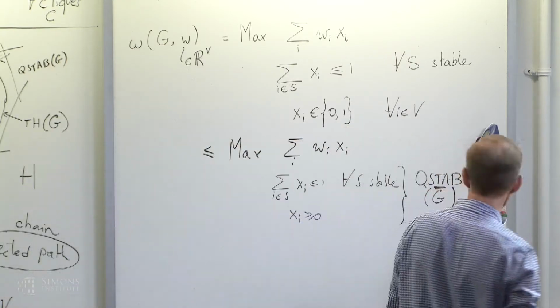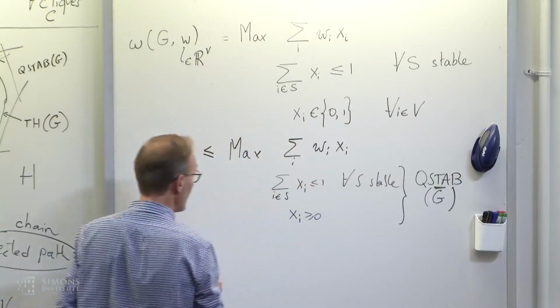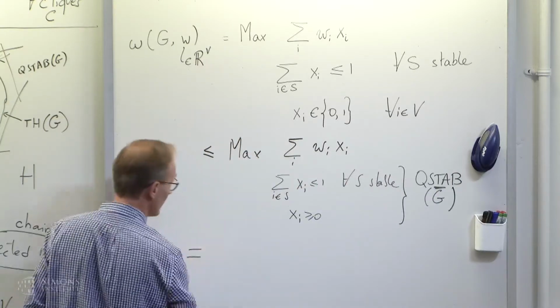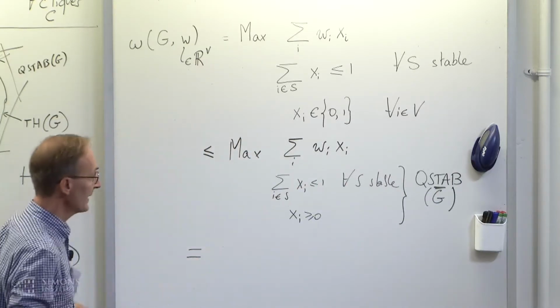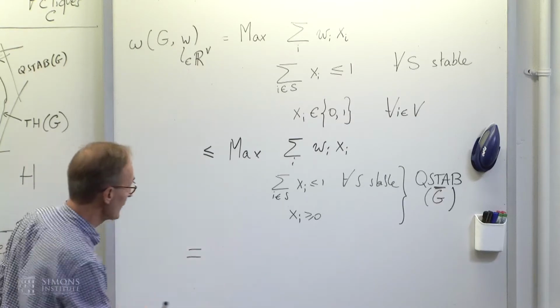And now I can use LP duality. So what does LP duality tell me? It tells me that max is equal to a min.